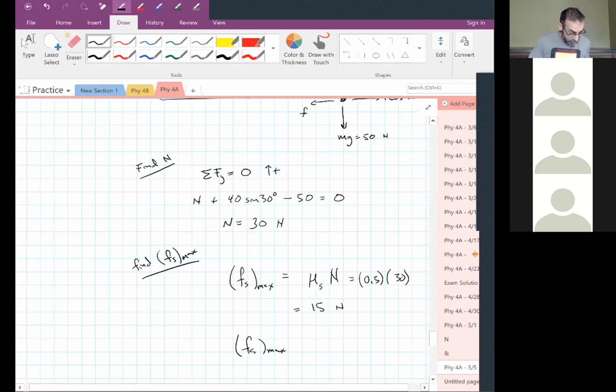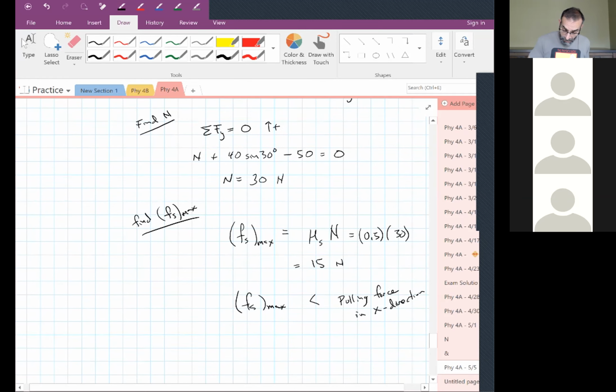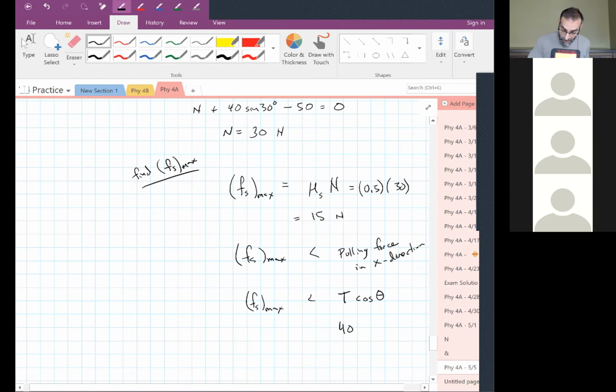Maximum static friction force is less than the pulling force in the x direction, right? So I'm comparing Fs maximum with T cos theta, right? 40 cos 30 degrees and 15. 34.6. So it moves.